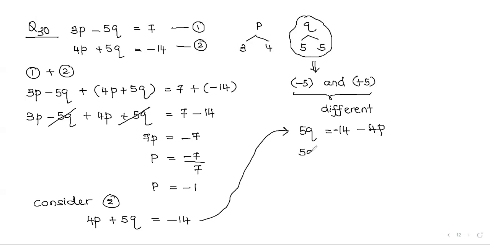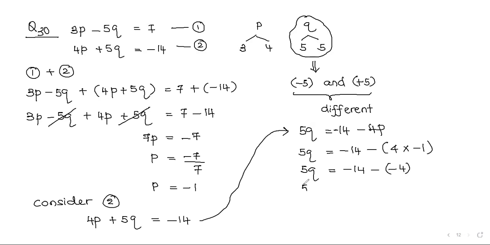So then 5Q is equal to negative 14 subtract 4 times negative 1, because the P value is negative 1. Now you see how I am dealing with the numbers, negative 14 subtract, right? So then the negative 4, right?